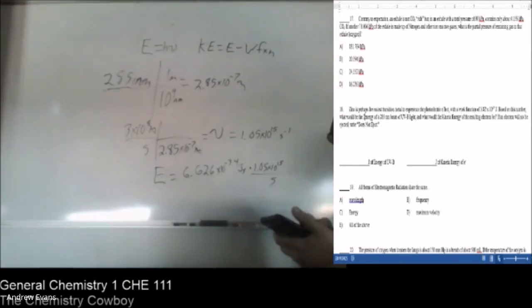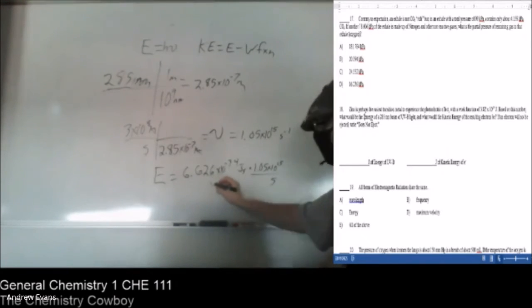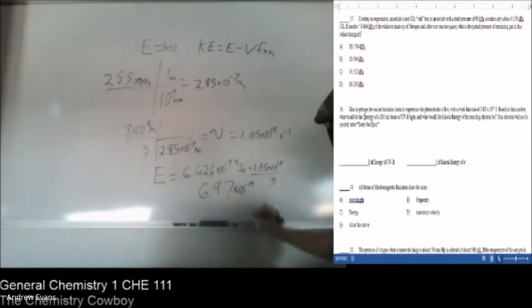So the energy right there is 6.97 times 10 to the negative 19th, assuming I did that right.